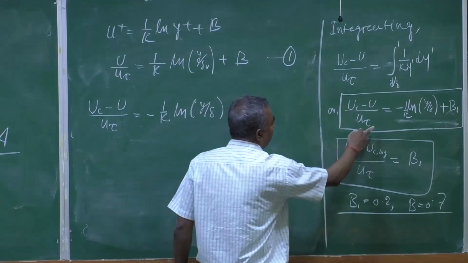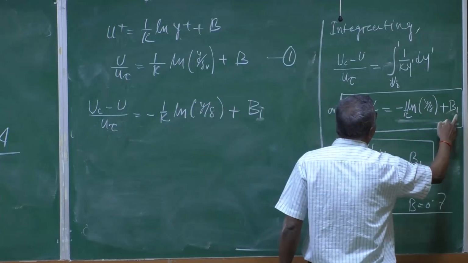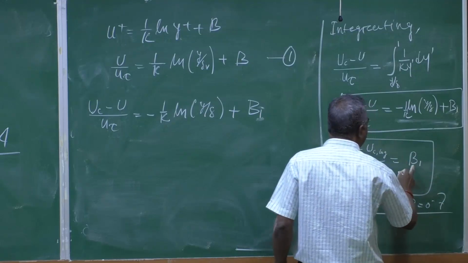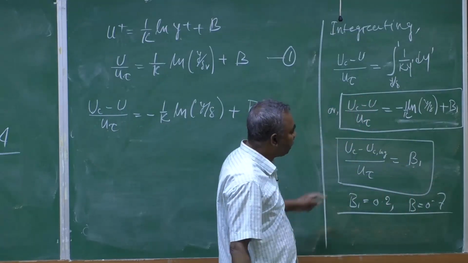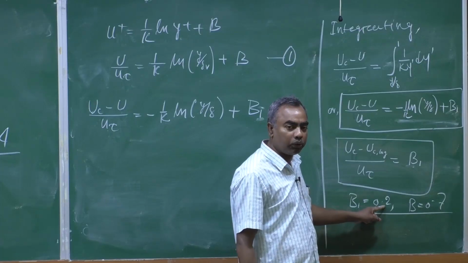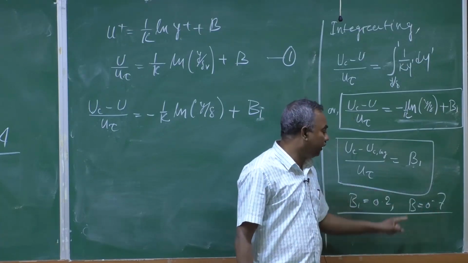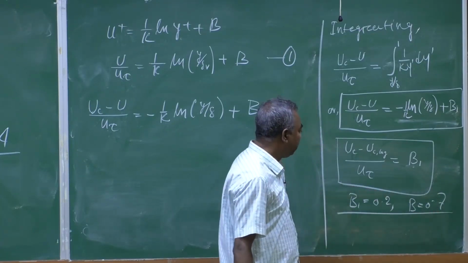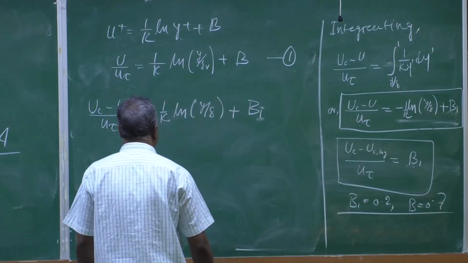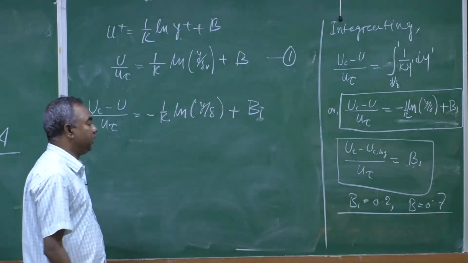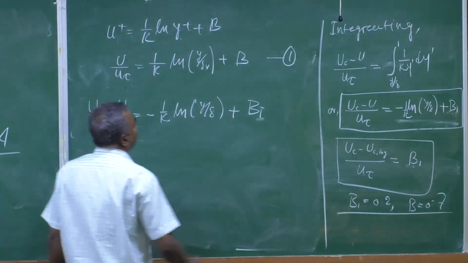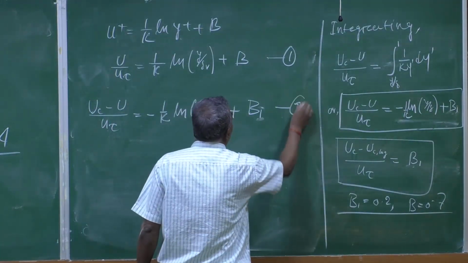I had forgotten to mention that b 1 is needed because it is a flow dependent constant, and the value of that constant is found to be very small. DNS calculation shows that it is 0.2, and experimental data shows 0.7, based on various experimental data which has been used to figure out the value of b 1. So, let us say this is our equation 2.